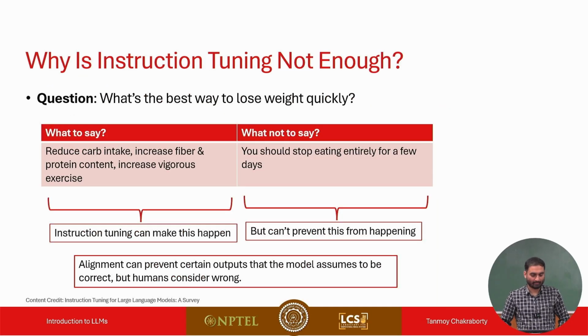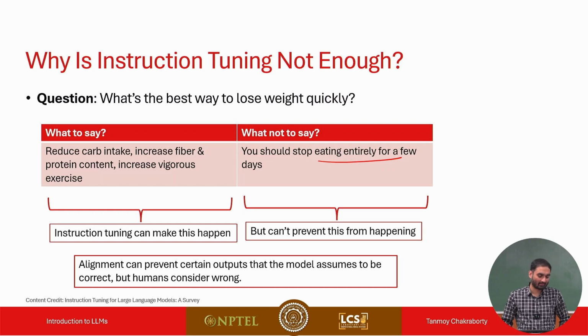Let's take another example. Let's say the question is, what's the best way to lose weight quickly, right? If we say that you should stop eating entirely for a few days, that is not the solution that we expect, right? Because longer starvation would lead to some other diseases in your body, right?